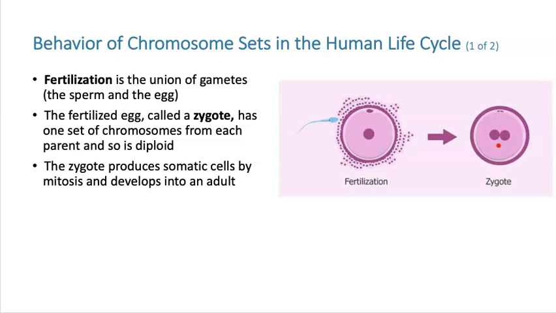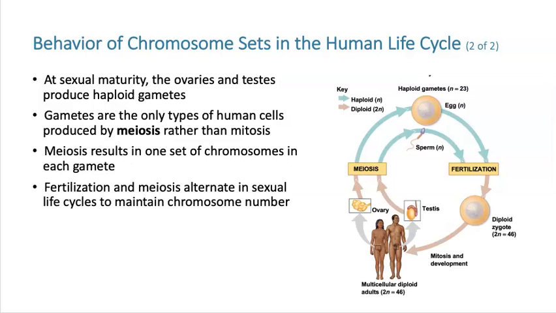It has 2 complete sets, 1 from mom and 1 from dad. After that fusion of egg and sperm happens, this zygote can start to go through the division process of mitosis, and that's how development happens from a single-celled organism into a multi-celled organism.